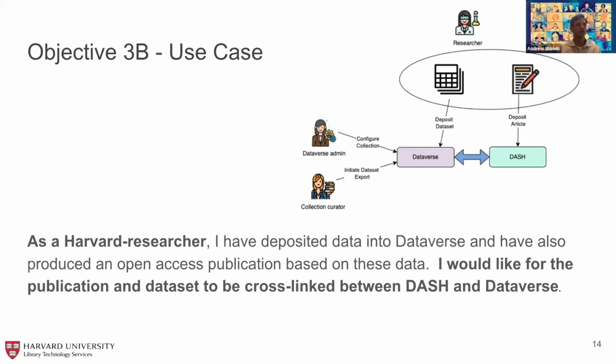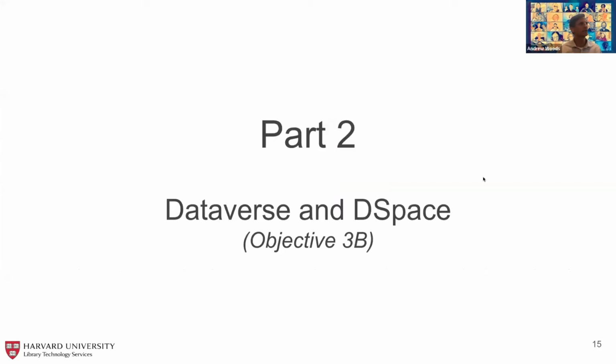And then just generally speaking, with most of these objectives, further supporting open science, transparency of the underlying data that supports articles, and the reproducibility of the science by actually having access to the source content.